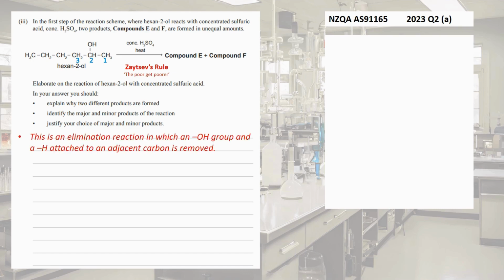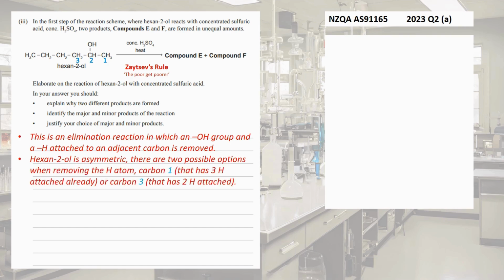So this is an elimination reaction. We're removing an OH group and an H, or a water molecule in total. And the H is attached to an adjacent carbon that's removed. Remember, it's always adjacent. We're only looking at the carbon directly attached to the carbon with the functional group. This is asymmetric, so we will get a different product depending on which side of this carbon we take it from. There are 2 possible options here. We can either take it from 1 or we can take it from 3.